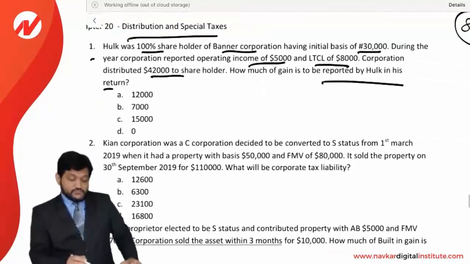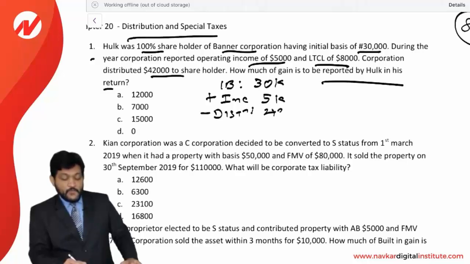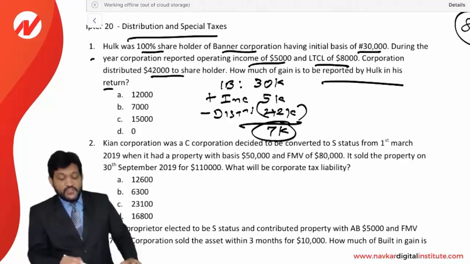By this rule, the initial basis of 30,000 plus income of 5,000 less distribution of 42,000. 30,000 plus 5,000 is equal to 35,000, less 42,000. So there is a gain of 7,000 here because he is receiving a distribution more than his basis. So 7,000 is a gain to be recognized.